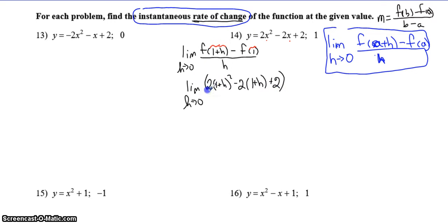So that there, this here, is this right here, minus, plug in 1 into the x's: 2 times 1 squared minus 2 times 1 for x plus 2.